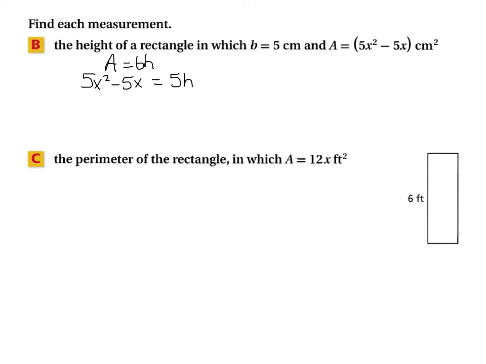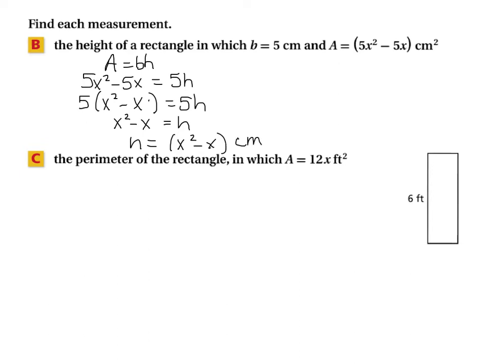Then you would factor out a 5 on the left side, and we could just call that factoring out the GCF. And let me change that to just an x here. We then use the division property to divide both sides by 5. And we just found h. h is, and I'm going to use the symmetric property of equality to write it as the height, which is (x squared minus x), and we put it in parentheses.